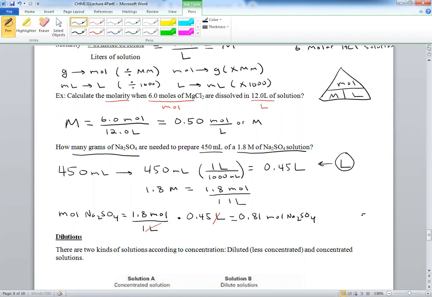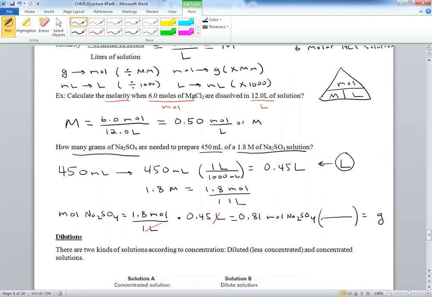You just need to find the grams. So we need to calculate the molar mass of this. Once again, you calculate this from the periodic table. By now, I think we should be good with this, so I'm going to tell you what it is. That would be 142.